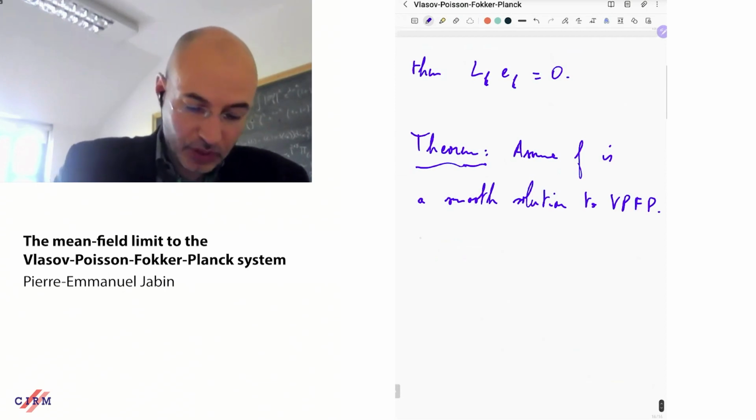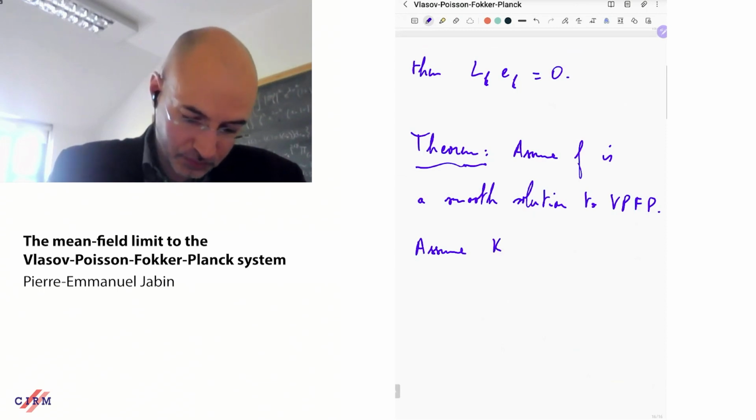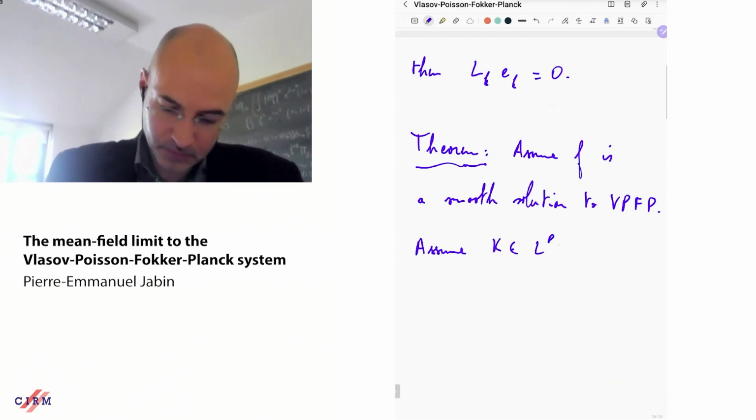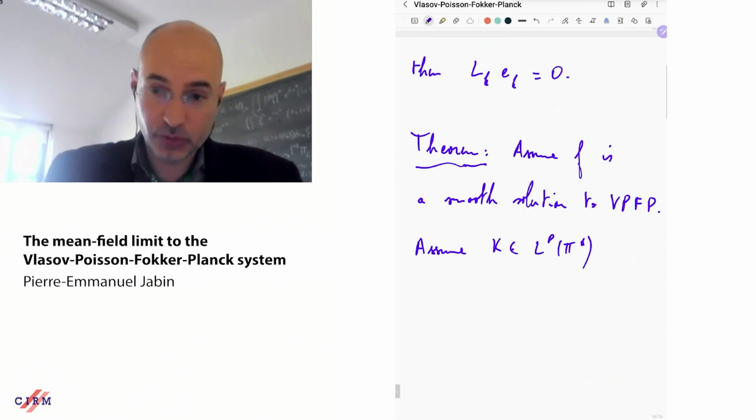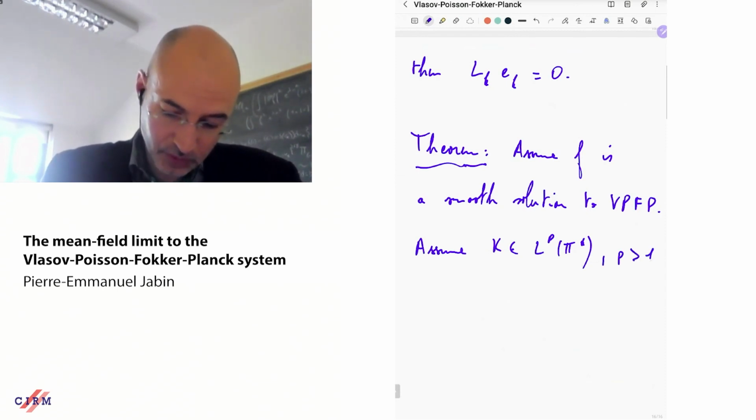I'm again going to assume that K is in L^p of a torus, p strictly larger than 1.